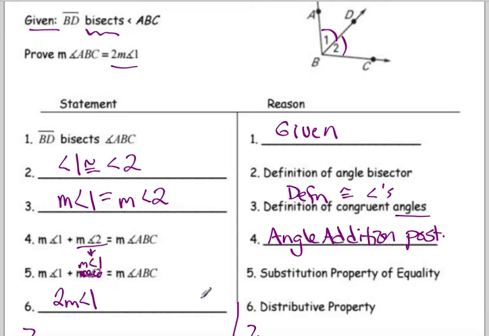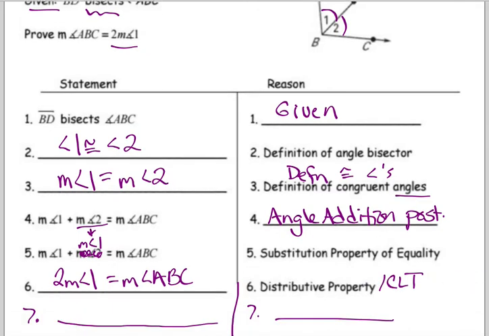And honestly, if you put, instead of distribution here, combine like terms or even simplification there, I really feel like that would be acceptable. So 2 times the measure of angle 1 equals the measure of angle ABC, just really combining like terms there.